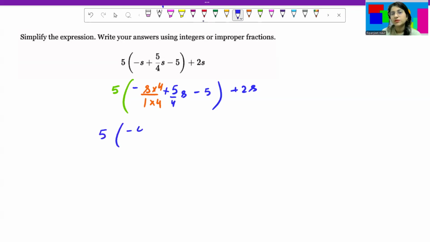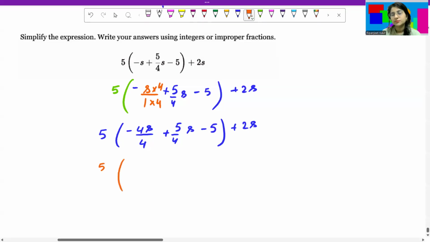So then we got 4s over 4, which is 1. Plus 5 over 4. Is it negative 4s over 4? Negative 4s over 4, yes, that's right. Plus 5s over 4, minus 5, plus 2s. See over here, because the denominators are the same, we can combine them.